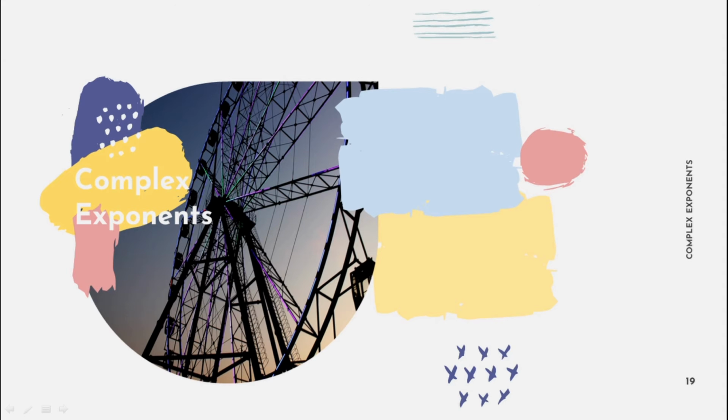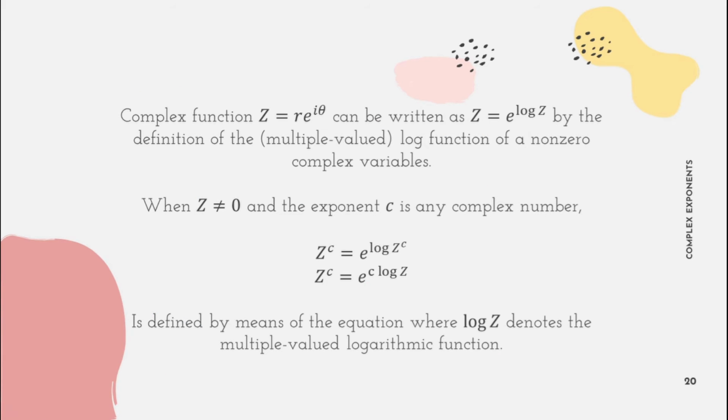Okay, the next material is complex exponents. In the previous material, we have known that a complex number z = r e^{iθ} can be written as z = exp(log z) by the definition of the multiple-valued log function of a non-zero complex variable. We can use this definition in the complex exponent function.